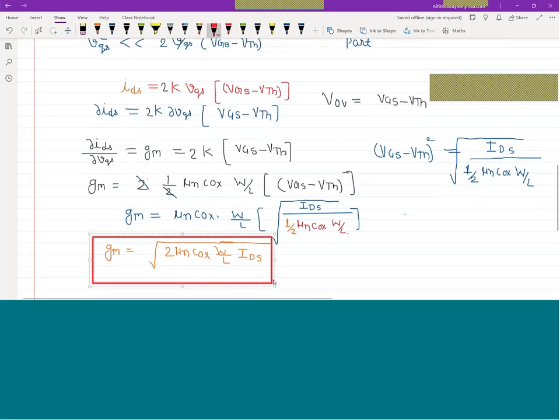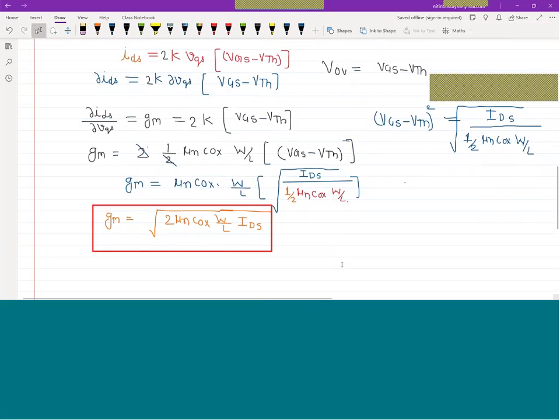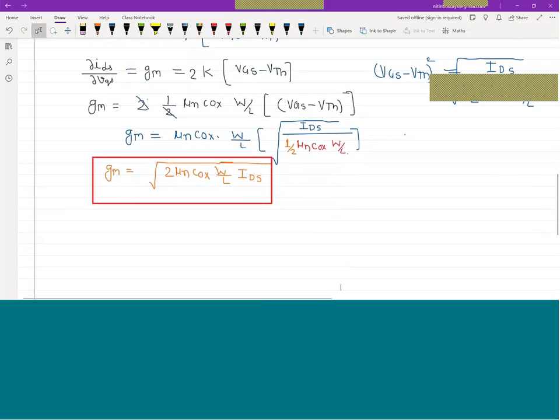Okay. Now what I can say, the MOSFET in saturation can be written like this. This is IDS as a function of VGS.